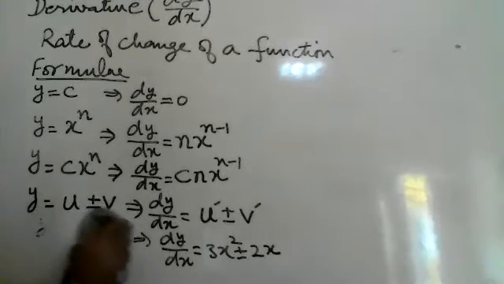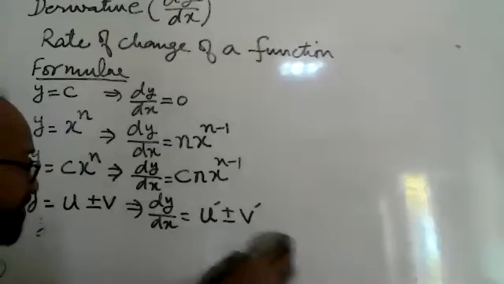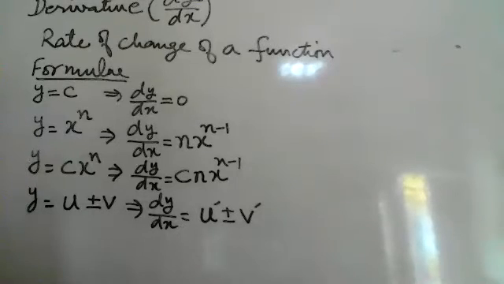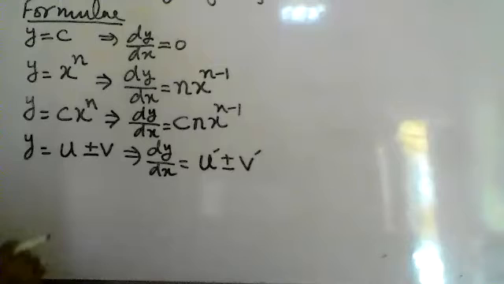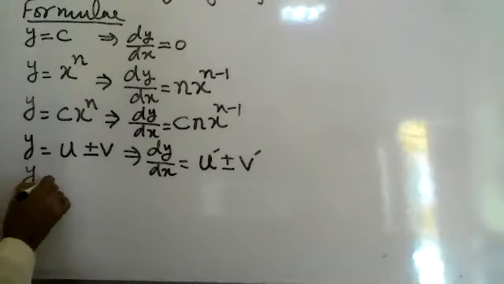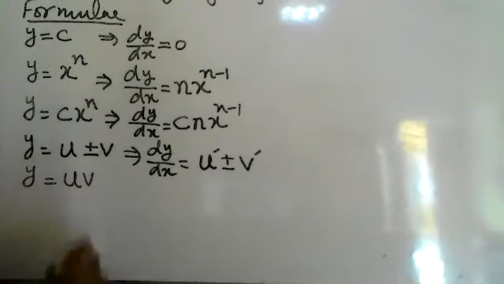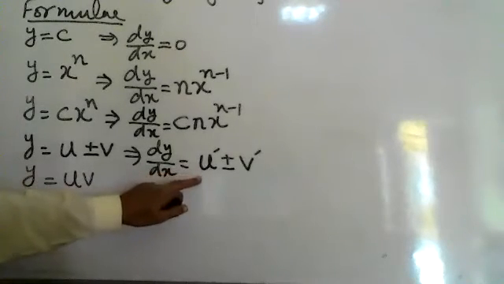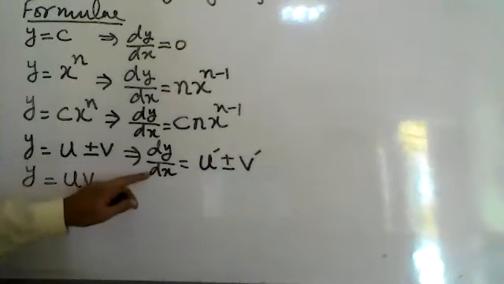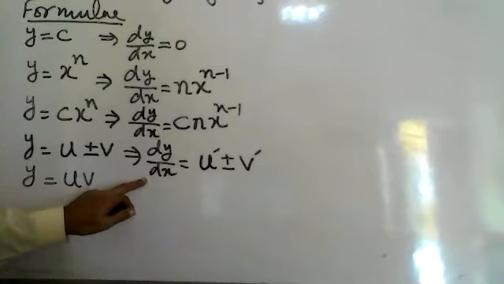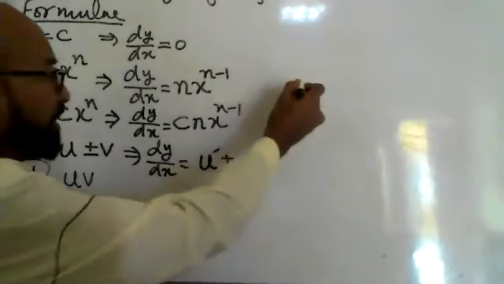So that was the question. Some example I gave. Now, if they are being multiplied, u into v, u dash means the derivative of u. dy upon dx can be written as y dash.